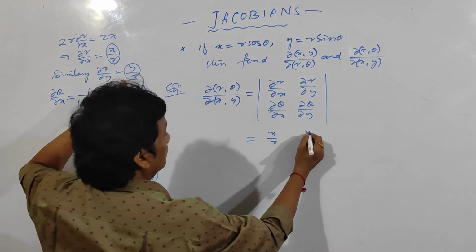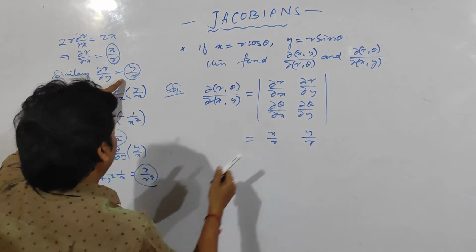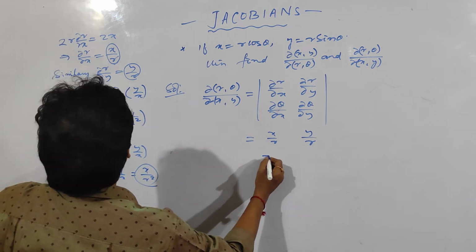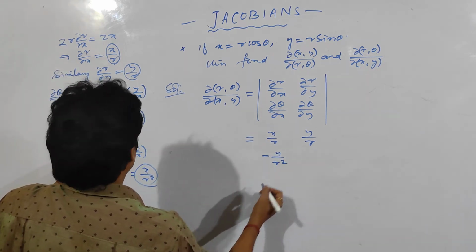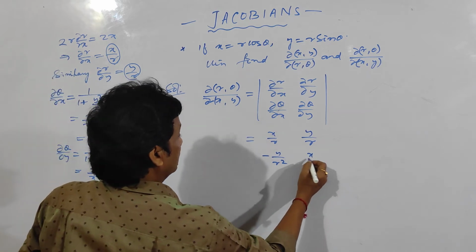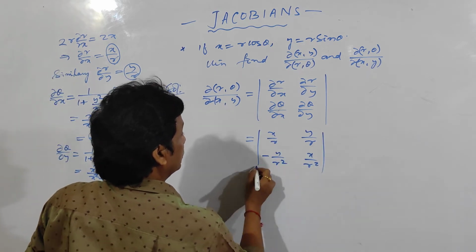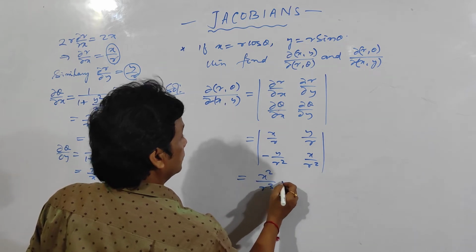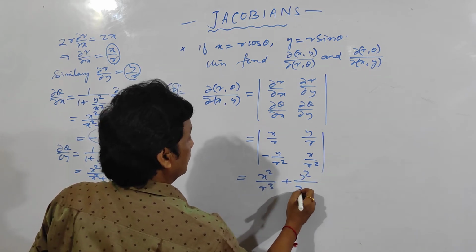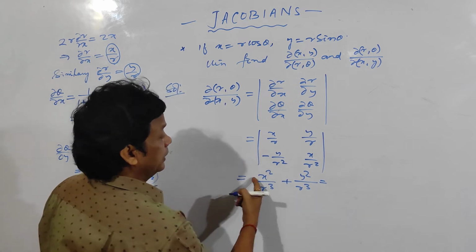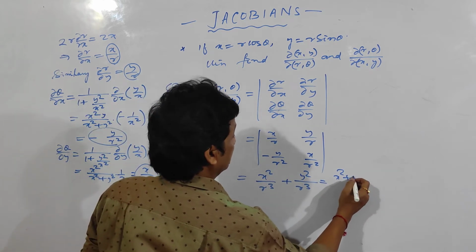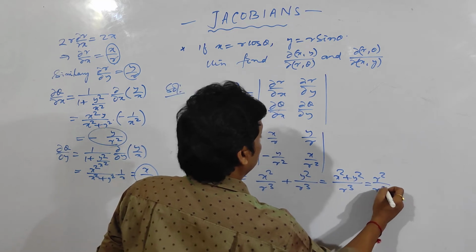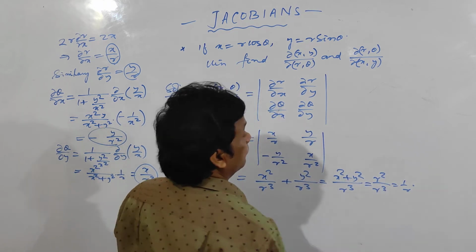It is y by r. And del theta by del x, it is minus y by r square, and del theta by del y is x by r square. Clear? So take the determinant. It is x square by r cube plus y square by r cube, and x square plus y square divided by r cube, and x square plus y square is r square, so by r cube, it is equal to 1 by r.